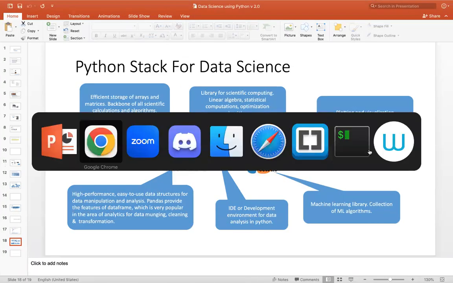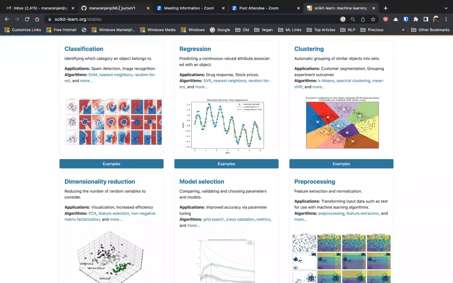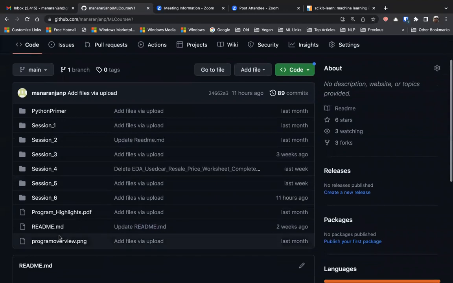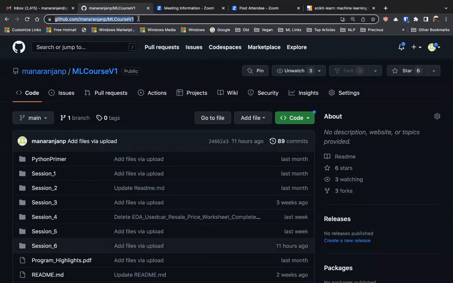To do this, as we did earlier, we'll go back to our GitHub location, and I have uploaded a notebook. If we go to the GitHub location, ML course v1, let me put that on the chat window again in case.